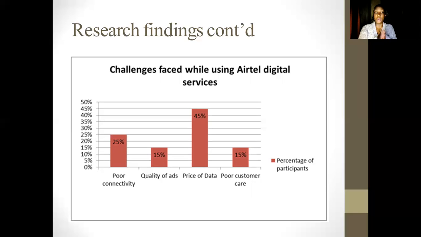They buy a bundle per week, which is 500, instead of buying a monthly data, which is 10,000. And 15% of the participants answer that they have poor customer care.